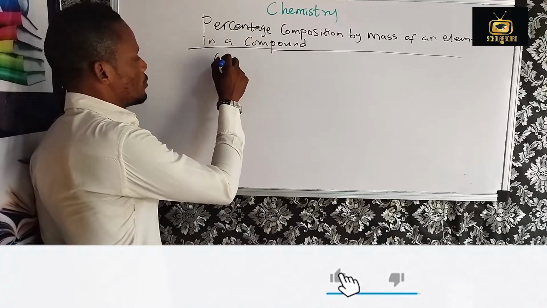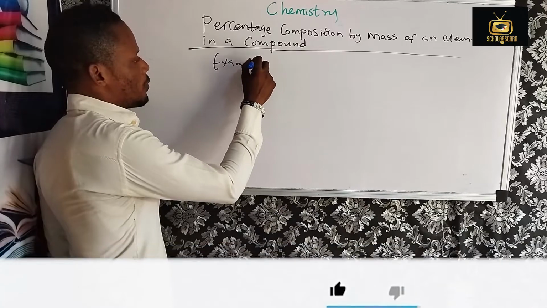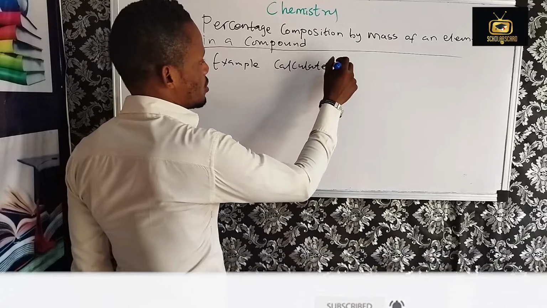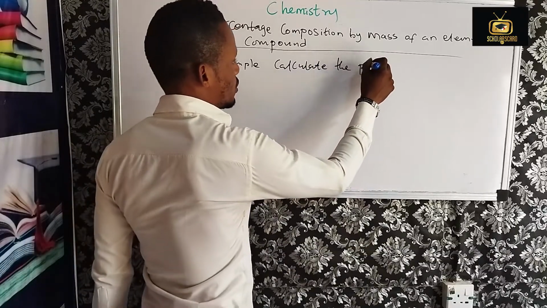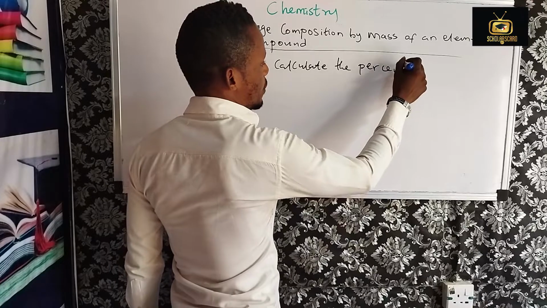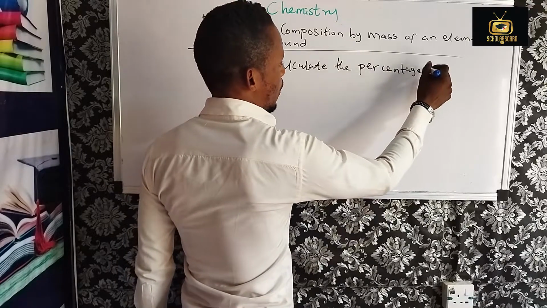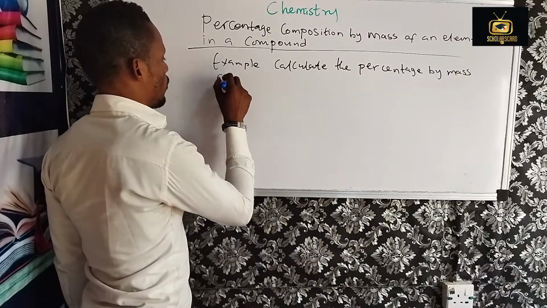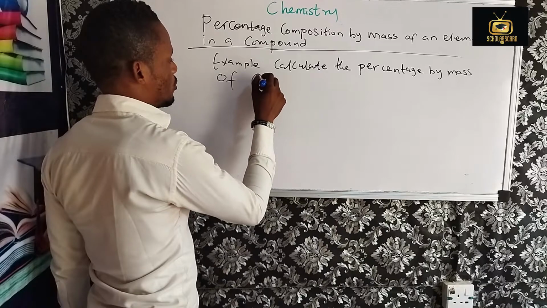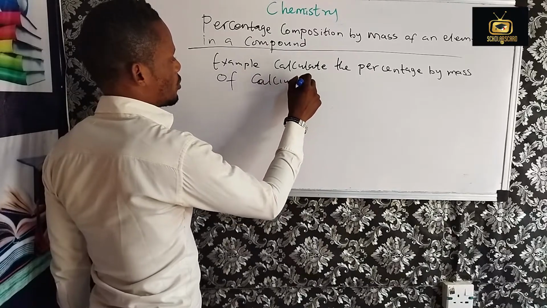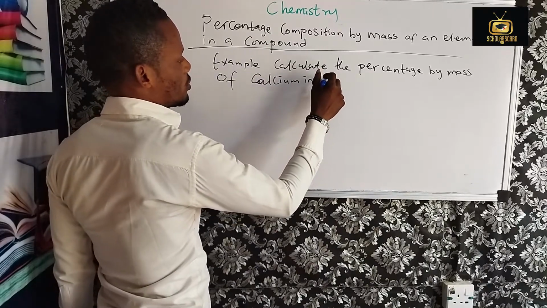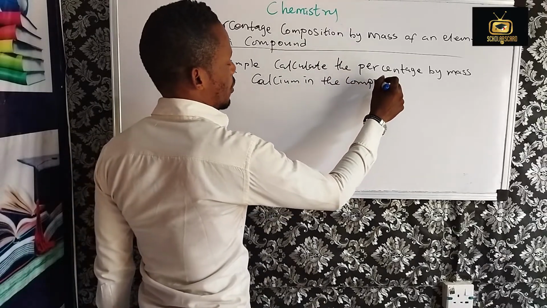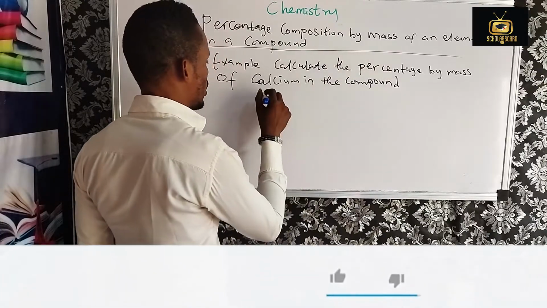Okay, let's say example. Calculate the percentage by mass of calcium in the compound calcium hydroxide.